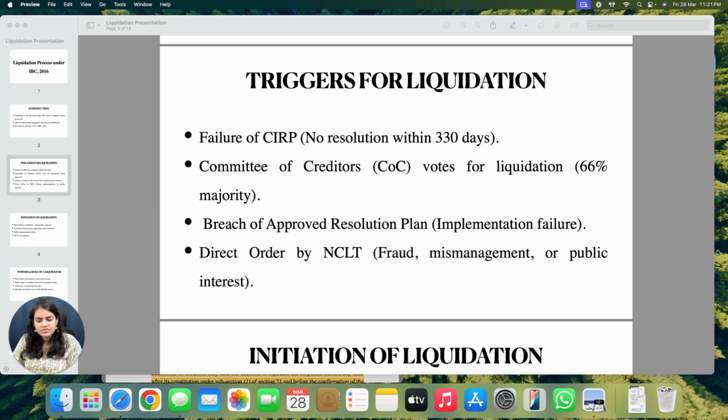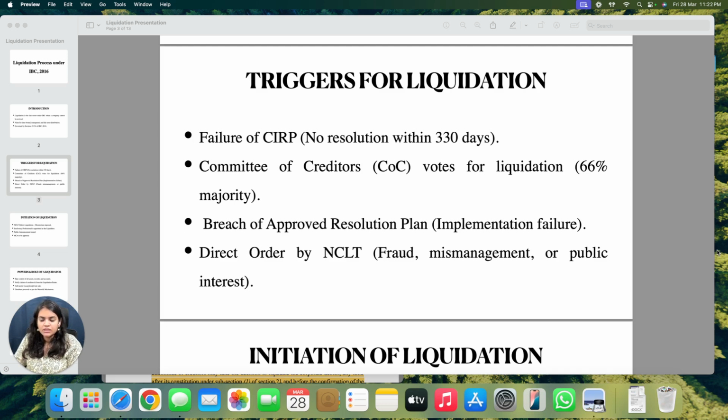So, if it is found that the resolution plan has not been executed within the stipulated timelines for whatsoever reason, it could be non-compliance by the resolution applicant, or it could be non-cooperation by the corporate debtor, the resolution professional may approach the adjudicating authority and file an application stating that such implementation has failed and they are not going to be able to continue with the implementation of the resolution plan.